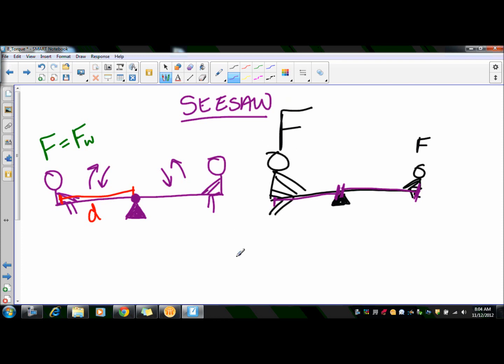So now this side has a large force with a certain distance, and this side has a small force with the same distance. So what's going to happen here is there's more torque on this end than there is on this end.